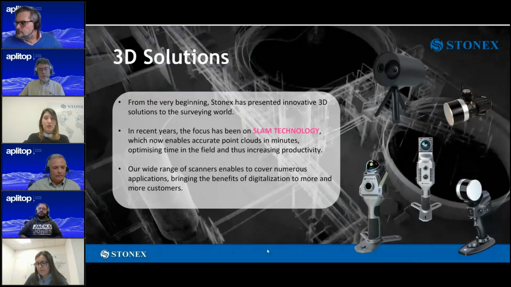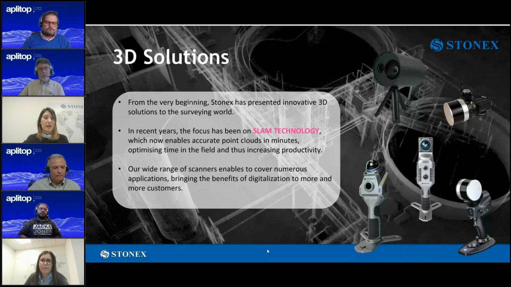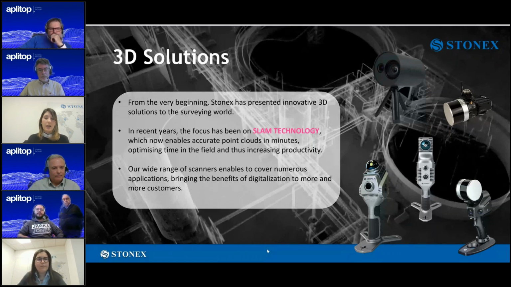About the 3D solutions, we have a very wide range of SLAM products. You will see later we have different devices covering different application and customer needs, using different sensors with different ranges.